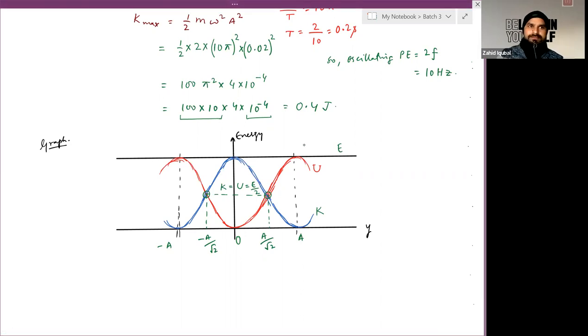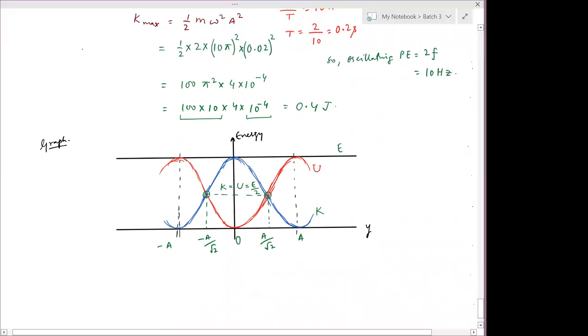Is it clear? Yes, sir. Okay, just draw this particular graph.